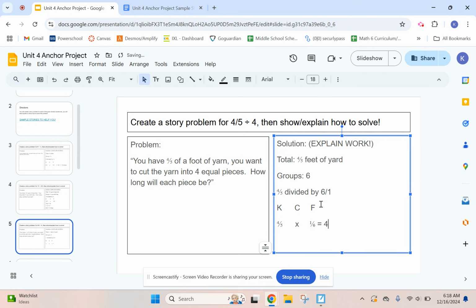So each piece would be 1/5 of a foot. This is because you have 4/5 and then you're dividing it into 6 groups. Oh, sorry, it should have been 4 equal pieces. That's okay. We're just going to change this up here.